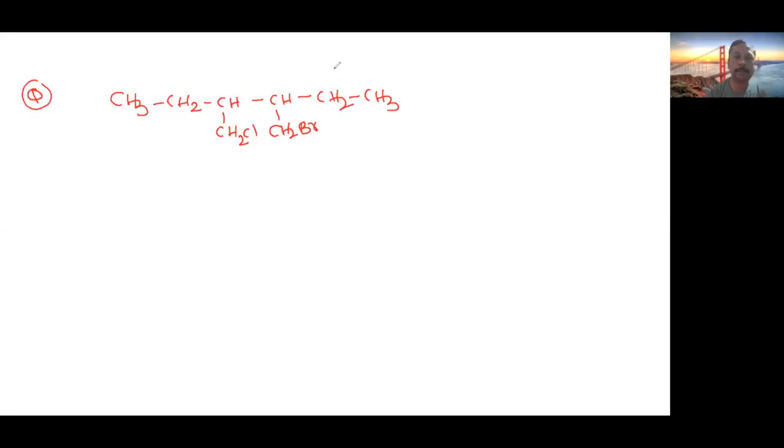So in this example, again alphabetical order, substituent to substituent. This will be the main chain. Now the question here will be numbering and naming order. If I number it from left to right, 1, 2, 3, 4, 5 and 6, locants are 3 and 4, so 3 plus 4 I will get 7.